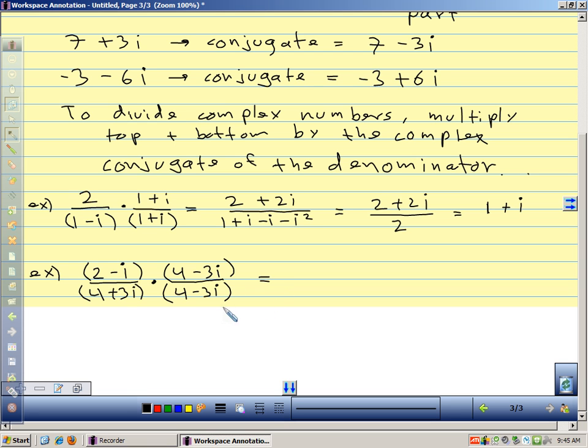So on the top we get 8 minus 6i. Inside we get minus 4i. And for the last we get plus 3i squared. And on the bottom, when we FOIL, we get 16 minus 12i plus 12i.